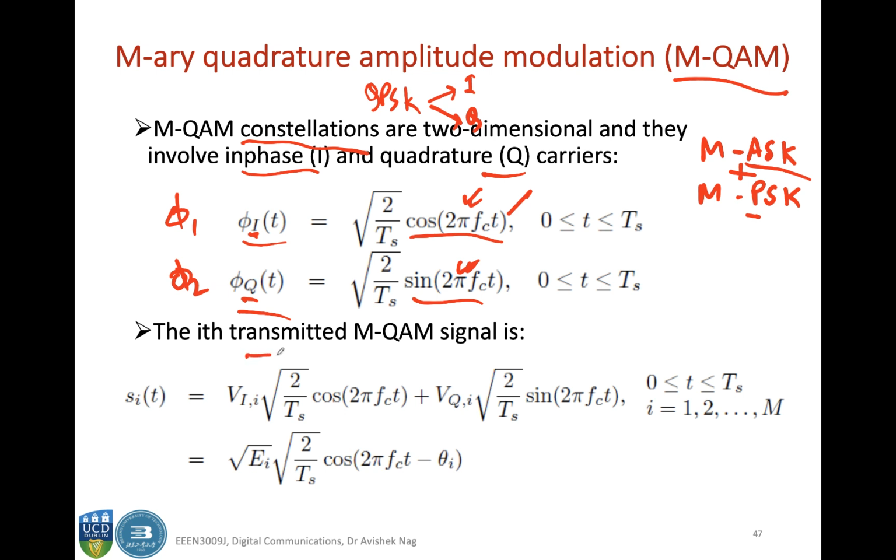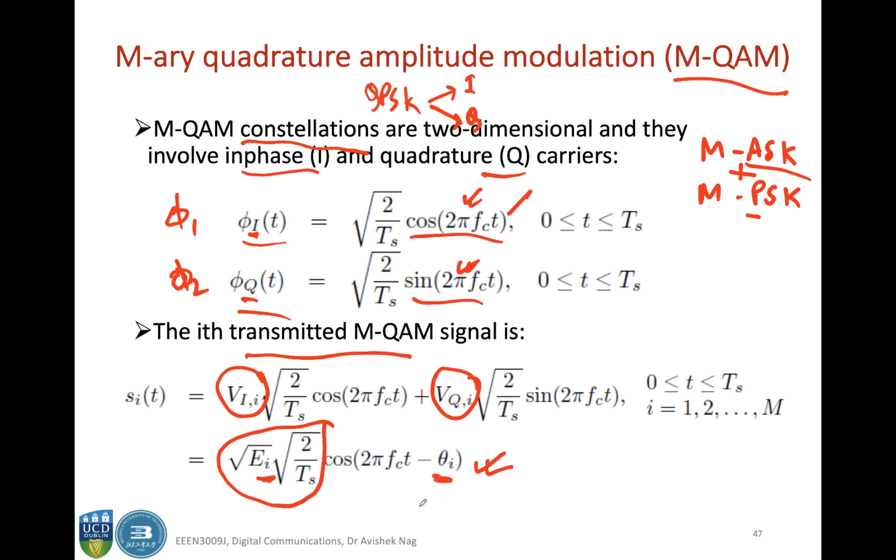Then the ith M-QAM signal can be represented as this. Okay, so V_Ii and V_Qi. Then you can combine them and write it in an amplitude and phase format, where you can see that the amplitude is also dependent on i and the phase is also dependent on i.